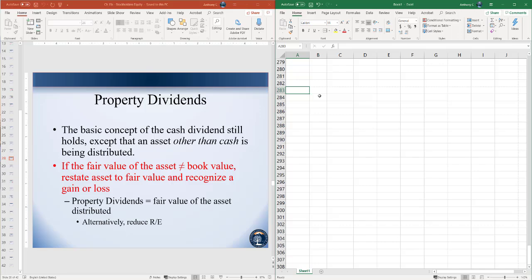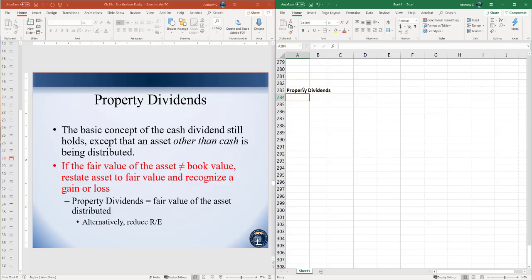So with the property dividend, you still have the same 3 dates. The only thing extra here over a cash dividend is that first, we're going to restate the asset that we're distributing to fair value and recognize a gain or a loss. So I'm just going to write that down here.